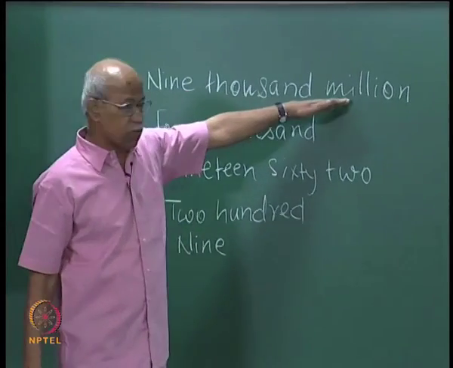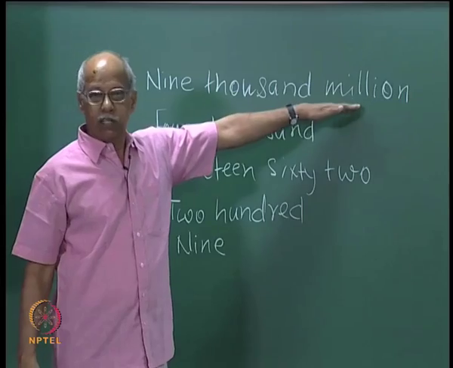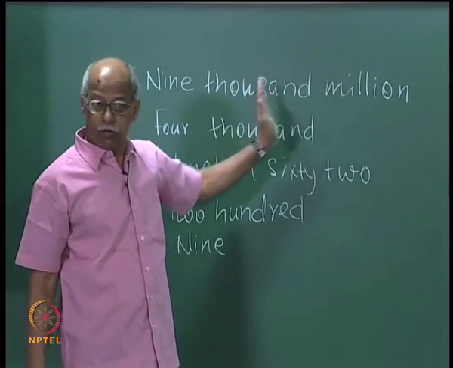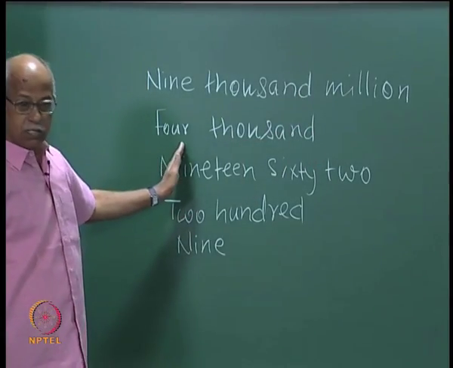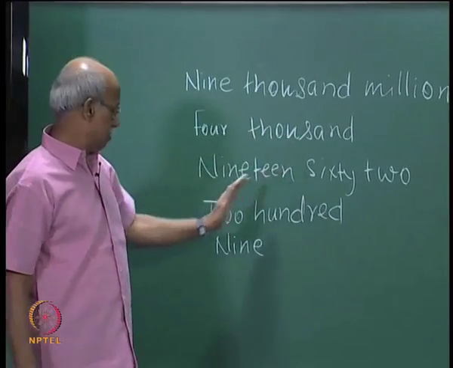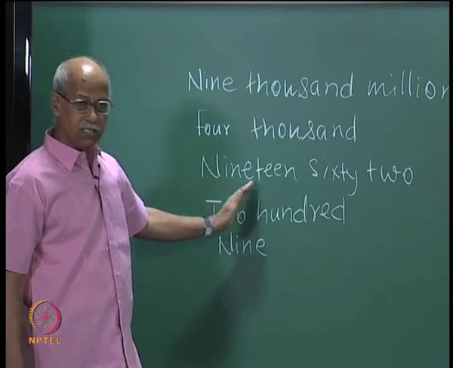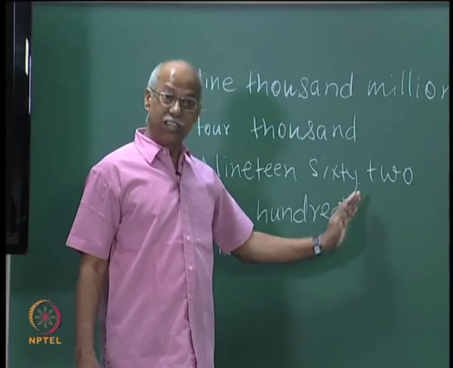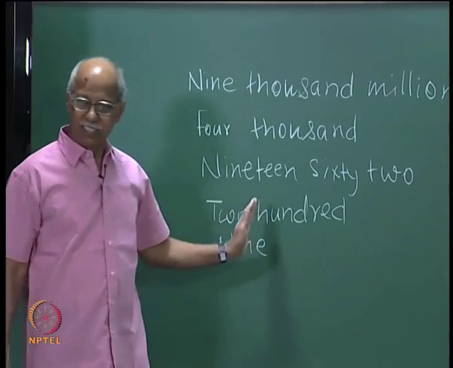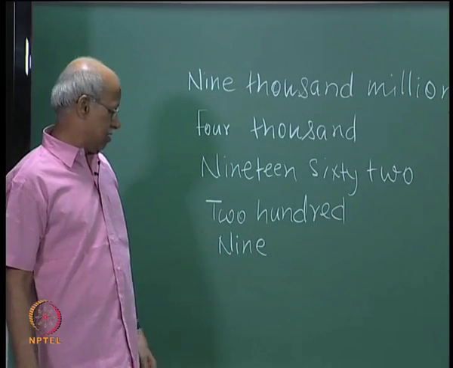Yeah, the emphasis was here. 9,000 million. What was it? 9,000 million. What was this? 4,000. And 1962. What was it? 1962. Correct.